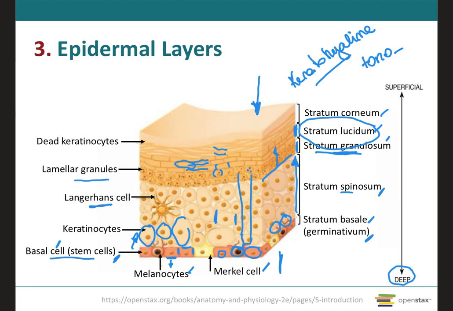The stratum corneum is the most superficial layer of the epidermis. It consists on average of about 25 to 30 layers of flattened dead keratinocytes, but it can range in thickness from a few cells in thin skin to up to 50 or more cell layers in thick skin.